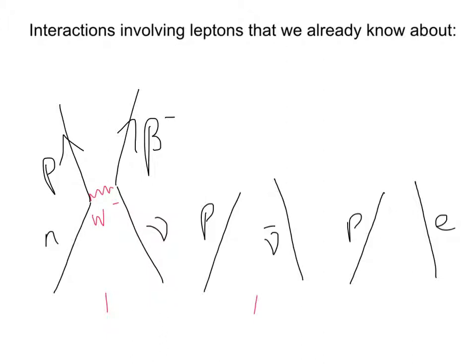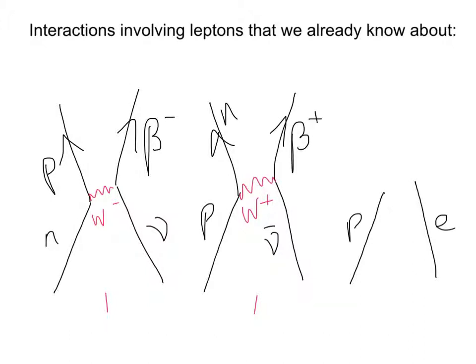Second one is proton antineutrino interaction. This time we have a W plus boson transferring the charge, and that results in a neutron and a positron or a beta plus.